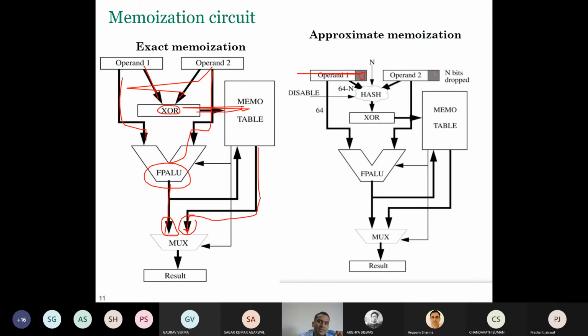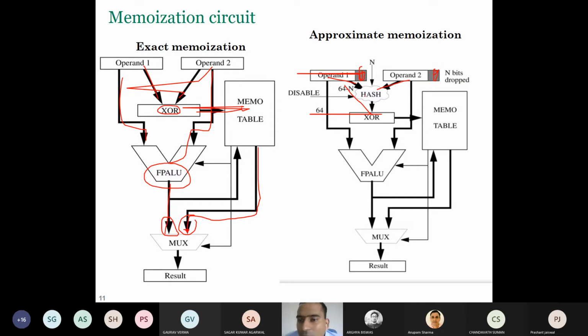So we take the hash of them and then XOR them. The rest of the operation remains the same. The only difference is that instead of doing the hash and XOR operation for all the bits of operand 1 and operand 2, here we do that after ignoring certain bits. Okay, that's approximate memoization.